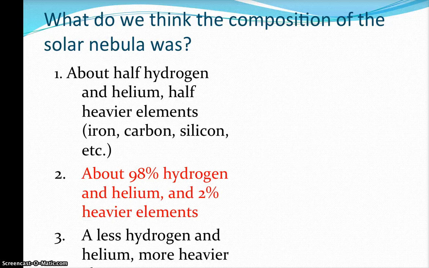This is a ratio you should start to remember, because our universe as we know it right now is basically 98% hydrogen and helium and only 2% heavier elements. And so it only stands to reason that the cloud of material that formed our solar system had that same composition.